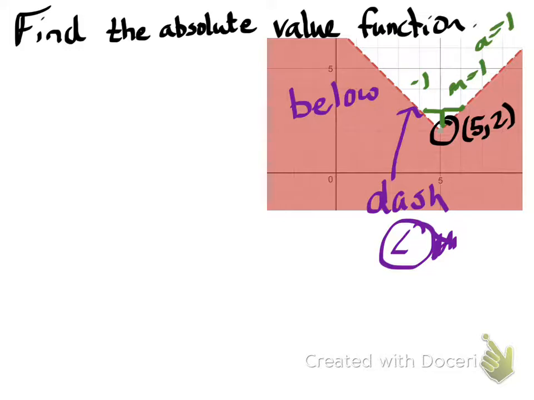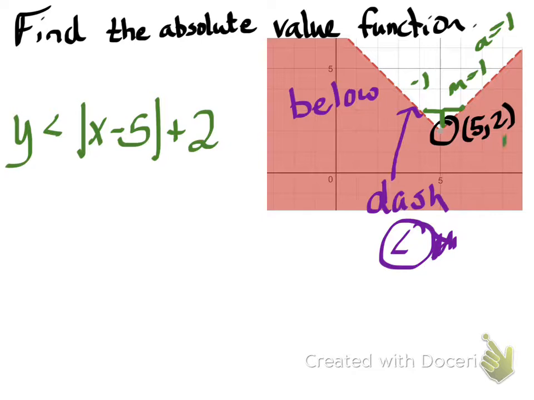And so now let's put all those details together. Let me start back over, let me do it another way. y is less than the absolute value of x minus my x value, plus, outside my absolute value, is going to be that y value.